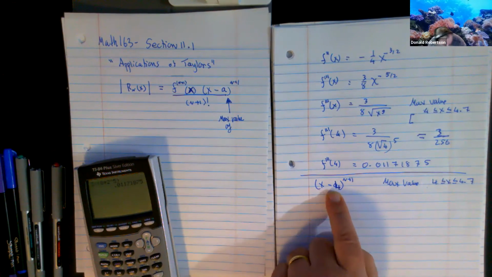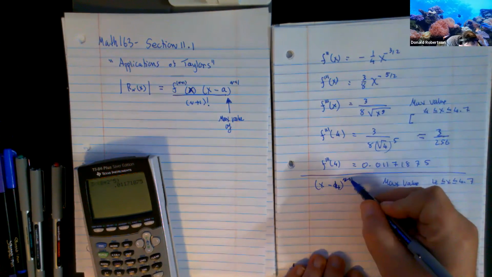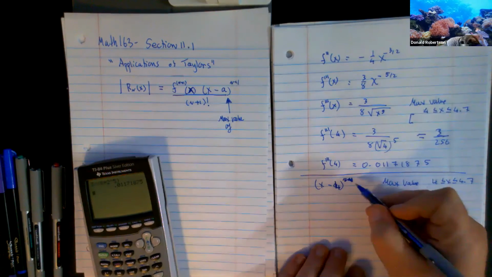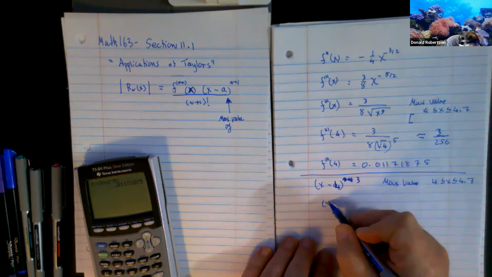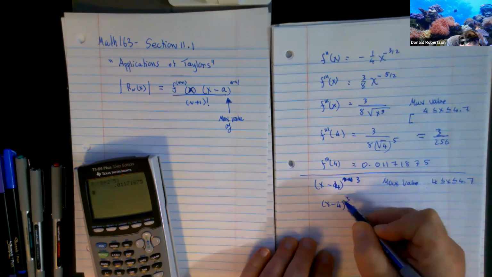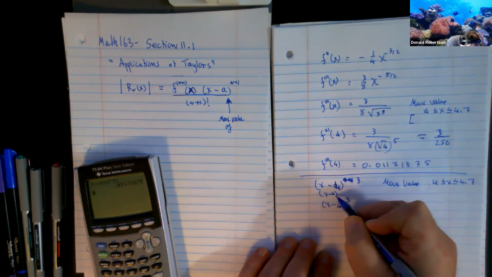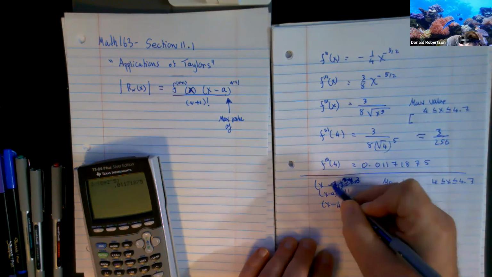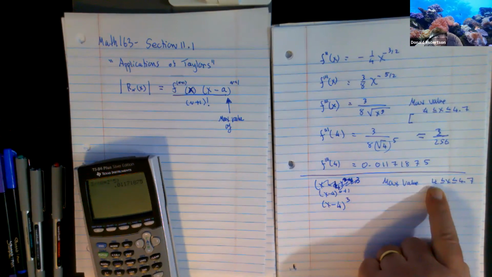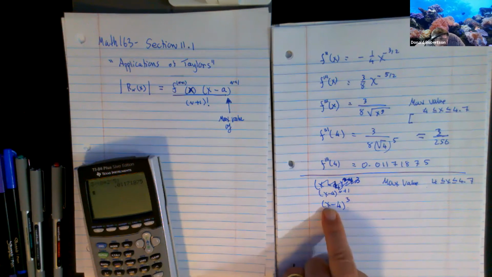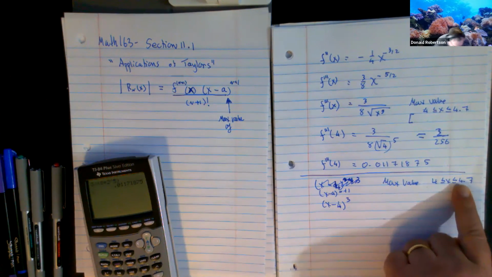So x minus 4, I'll keep putting n plus 1 because I'm looking at my general formula, is going to be cubed, right? So x minus 4 cubed. That's what the x minus a to the n plus 1 is about. Okay, what's its maximum value? Well, either happens at this number or at this number. Would you agree at this value of x, you get 0, so it must be at this side.